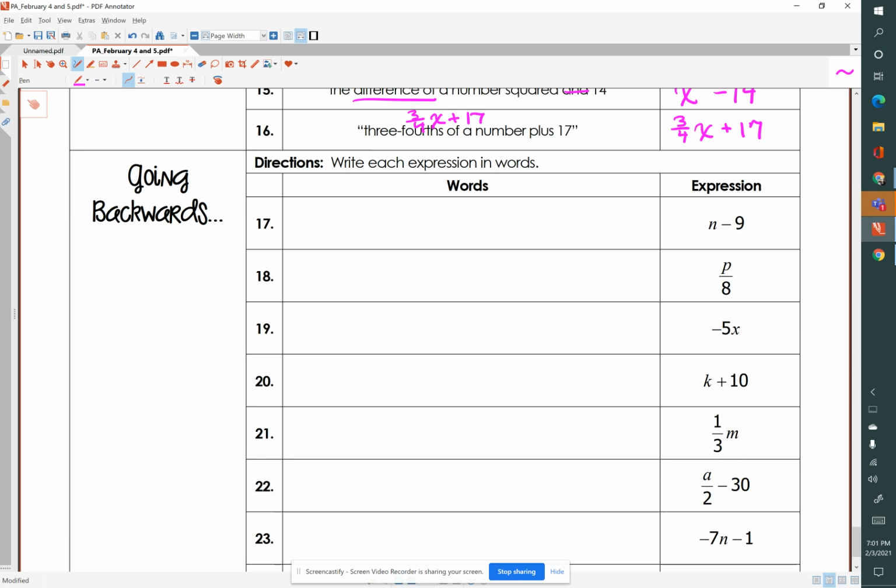So number 17 says n minus 9. And one thing we could say is a number decreased by 9. Number 18, we have p as a numerator and 8 as the denominator. So we could say the quotient, because that's division, the quotient of a number and 8.